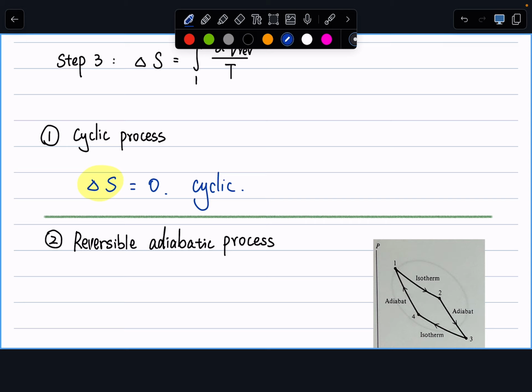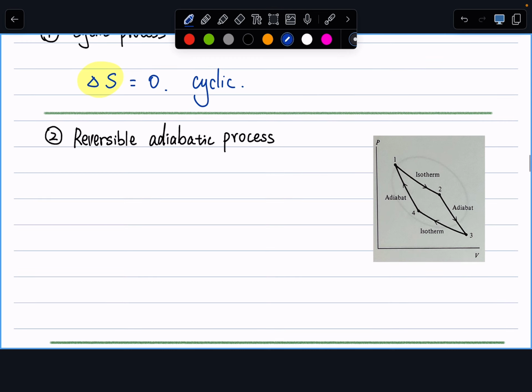All right, next up. What about reversible adiabatic processes? Now that represents my 2 adiabats on my Carnot cycle. You can write it out.